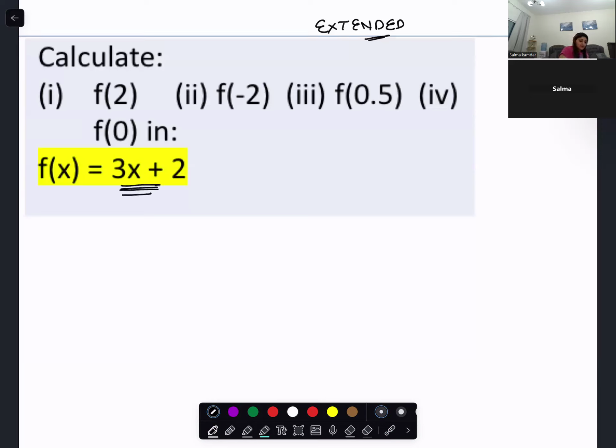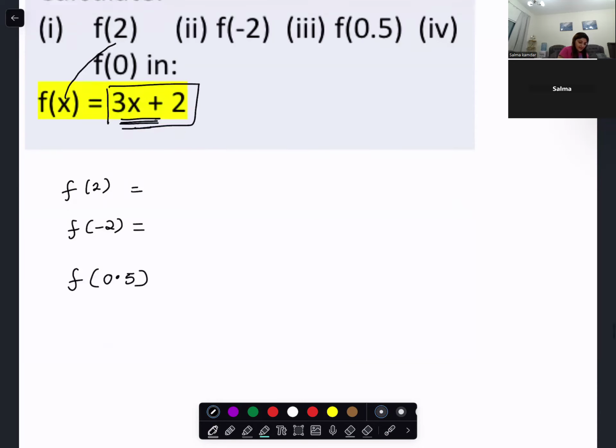You want to find the value of the function when x is 2. You have to find the value of the function when x is minus 2. You have to find the value of the function when x is 0.5. And you have to find the value of the function when x is 0.